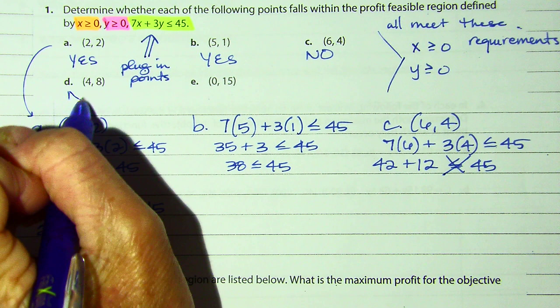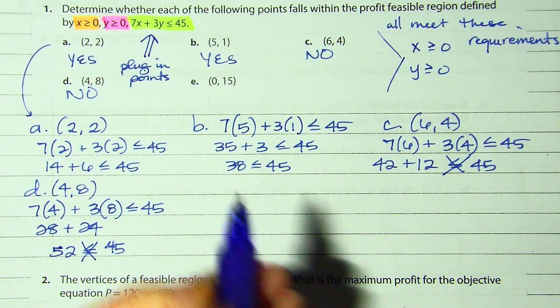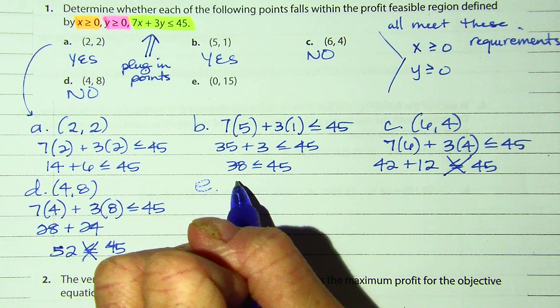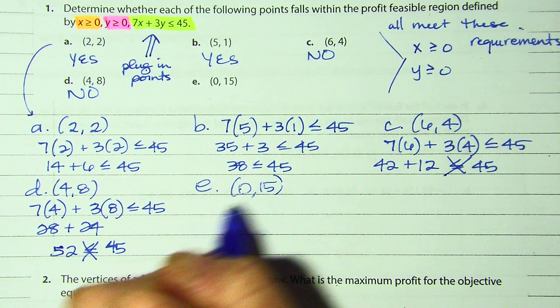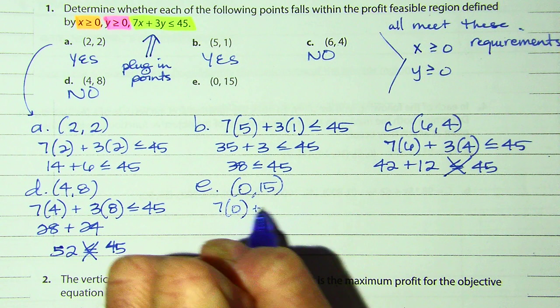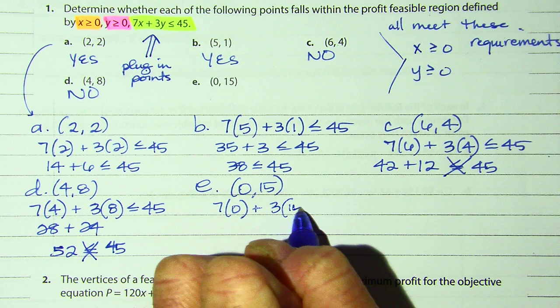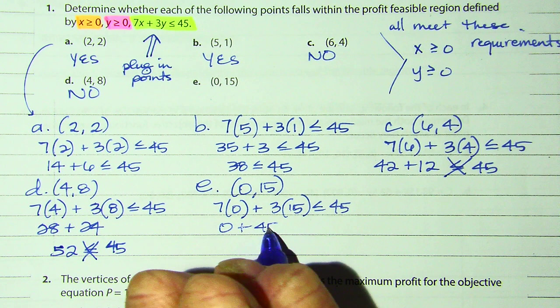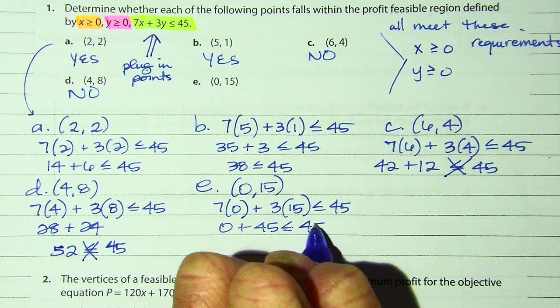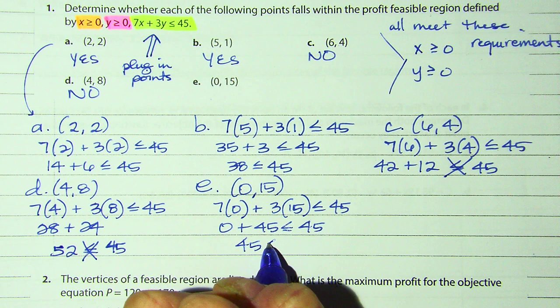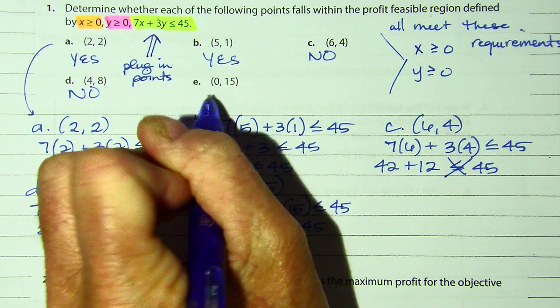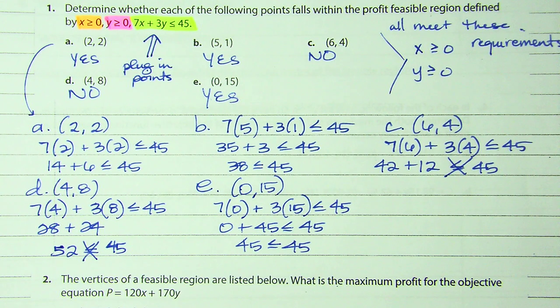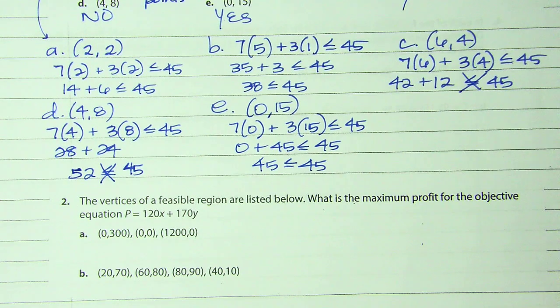So D is also no. Last but not least, E, so I'm plugging in 0, 15. So 7 times 0 plus 3 times 15. This gives me 0 plus 45, and 45 is less than or equal to 45. So E is yes. So moving on.